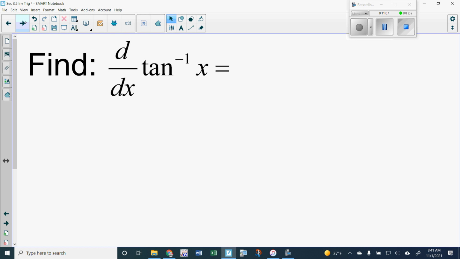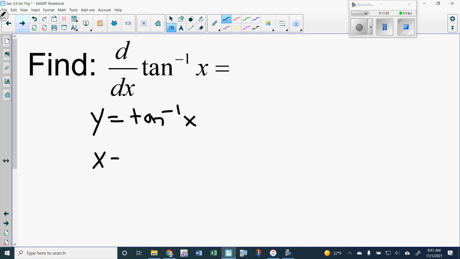So, let's think about inverse tangent. Okay? We're going to see if we can figure this out ourselves.